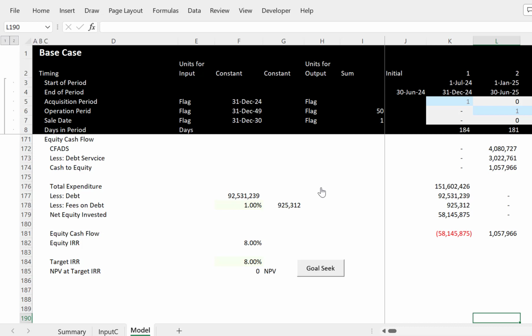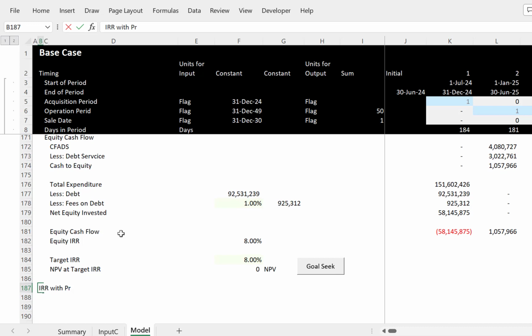One more little thing to do. We're going to sell our project. We've got a sale date right up here to put IRR with project sale. The first thing you do is you get the equity cash flow. Let's get those first.